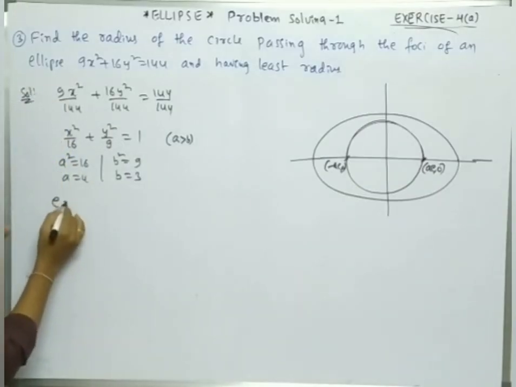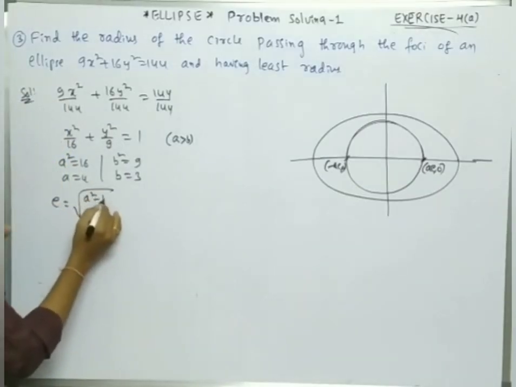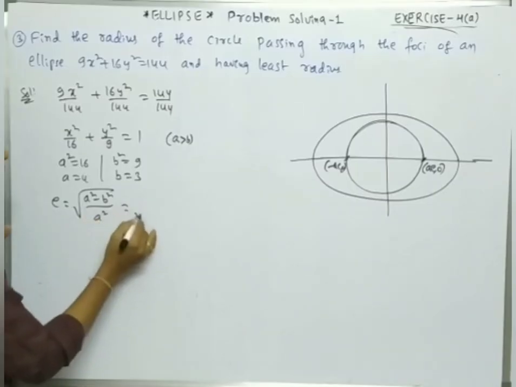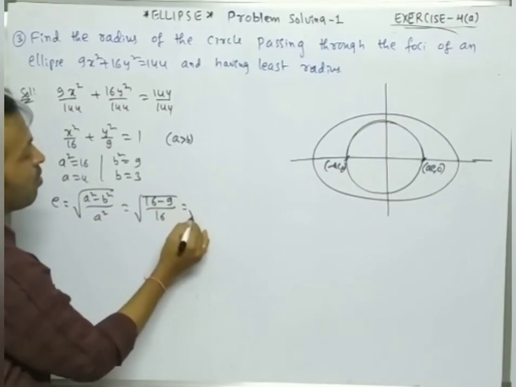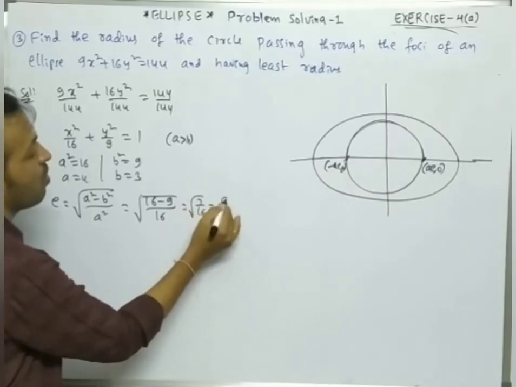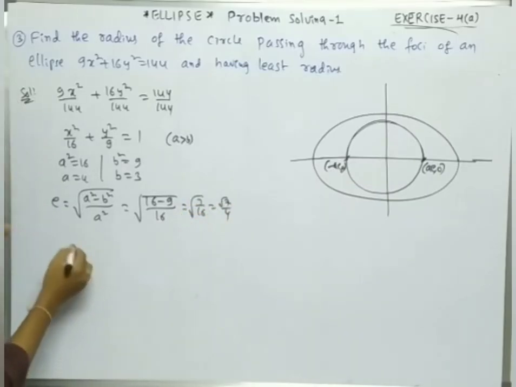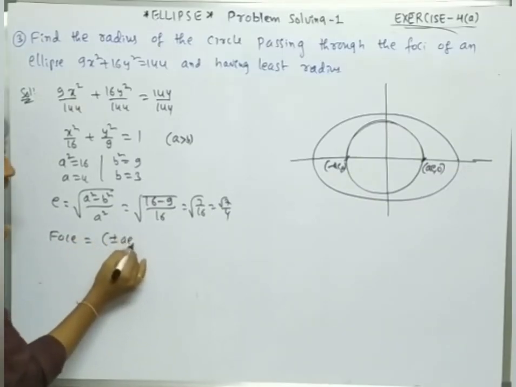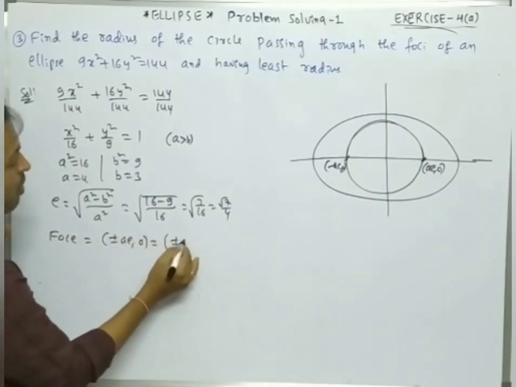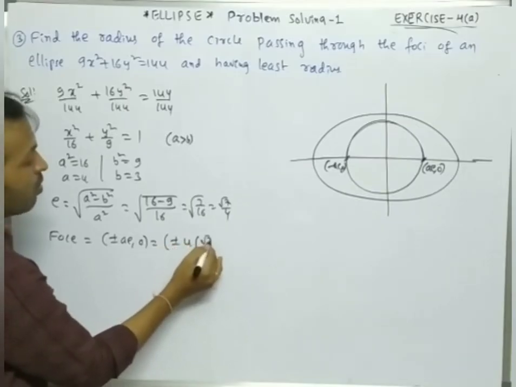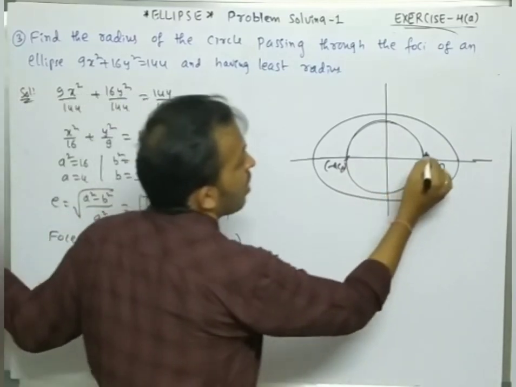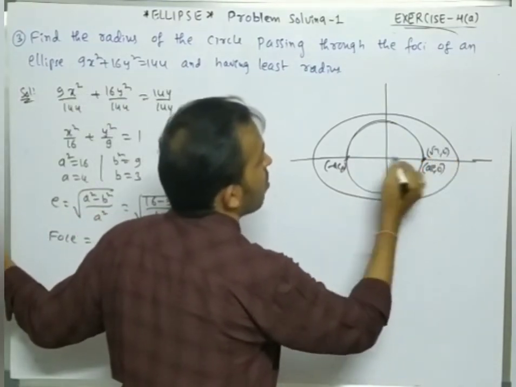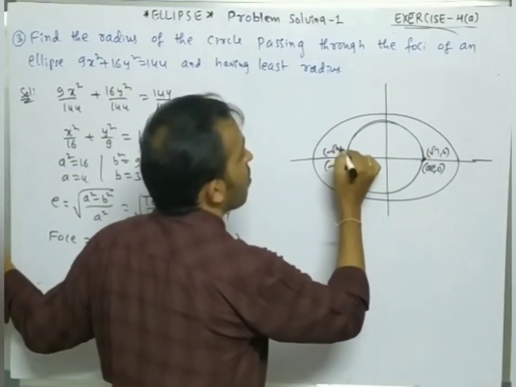So the eccentricity formula in this case is root of a square minus b square by a square, 16 minus 9 by 16, that is root 7 by 16, that is root 7 by 4. Now foci is equal to plus or minus ae comma 0, that means plus or minus 4 into root 7 by 4 comma 0. So one is root 7 comma 0 and another one is minus root 7 comma 0.